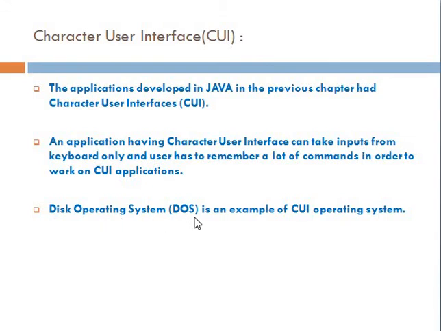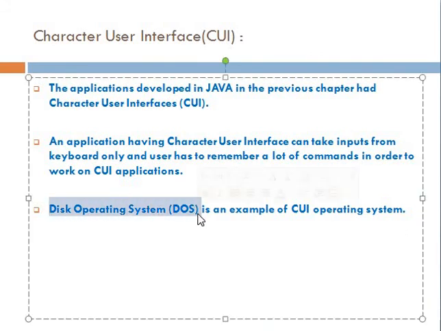The disk operating system, in short DOS. This is an operating system which is an example of a character user interface operating system. This operating system, that is DOS, does not have graphical user interfaces, and it does not support the use of mouse cursor for interaction.